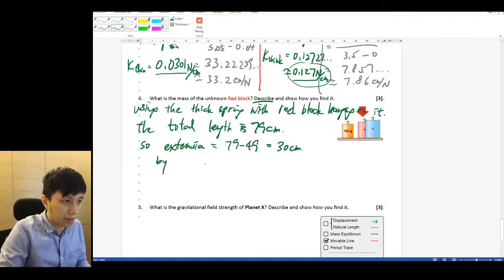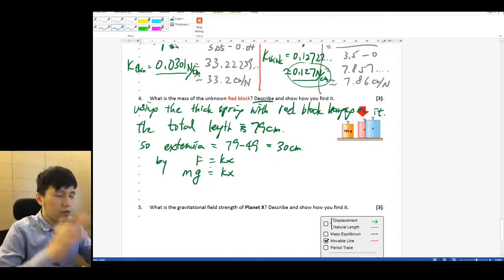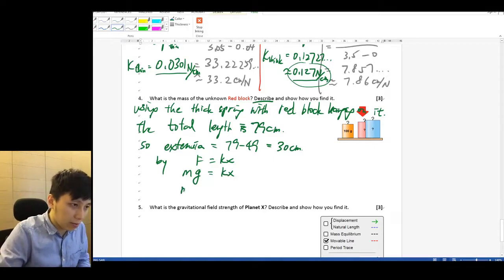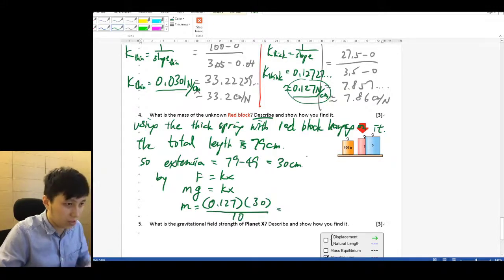Okay, so by F equals kx, we also have mg equal to kx, because force is the tension, and tension is the weight in terms of magnitude in this case. So m equals k, which is the one that we found, 0.127, times 30, divided by g, which we use 10, so let's just use 10 here.